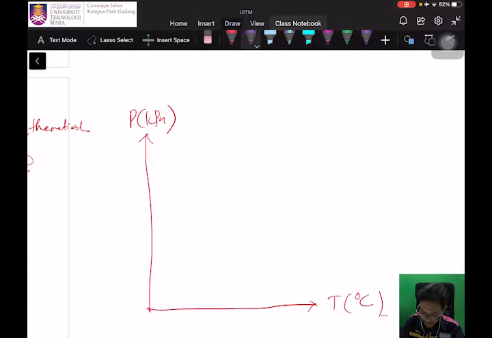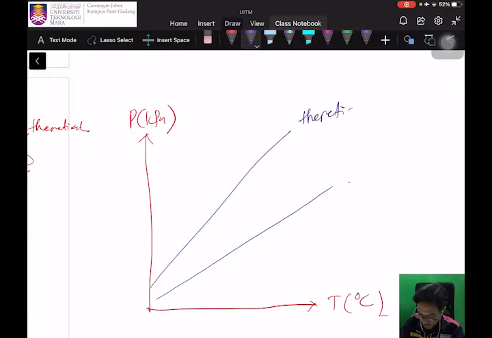Most likely you will have two curves here. One will represent your theoretical value, another one is your experimental value. Basically for the theoretical value, you will get a very nice curve.